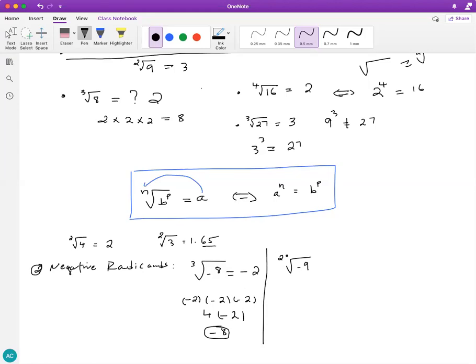Now let's see if we can find this. What number multiplies by itself twice to get -9? Or is that even possible? If you take a number and you multiply it by itself, do you get -9? You say -3. Okay, let's take -3 and multiply it by itself. Do you get -9?